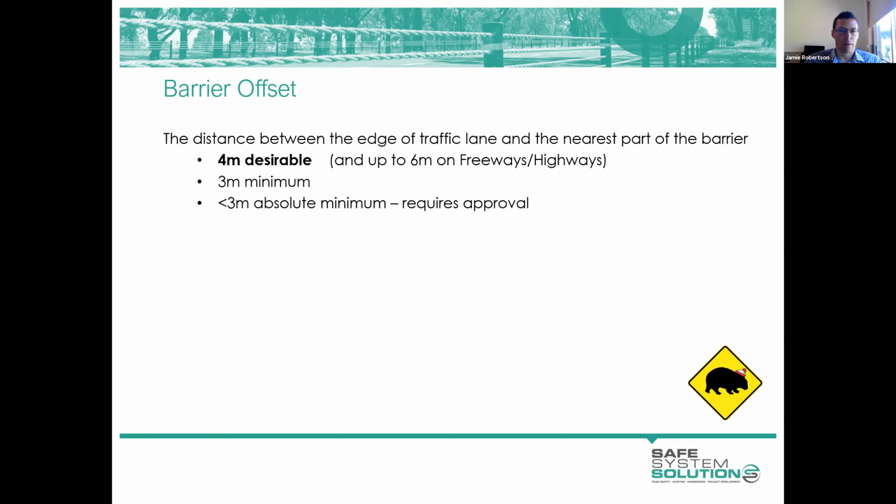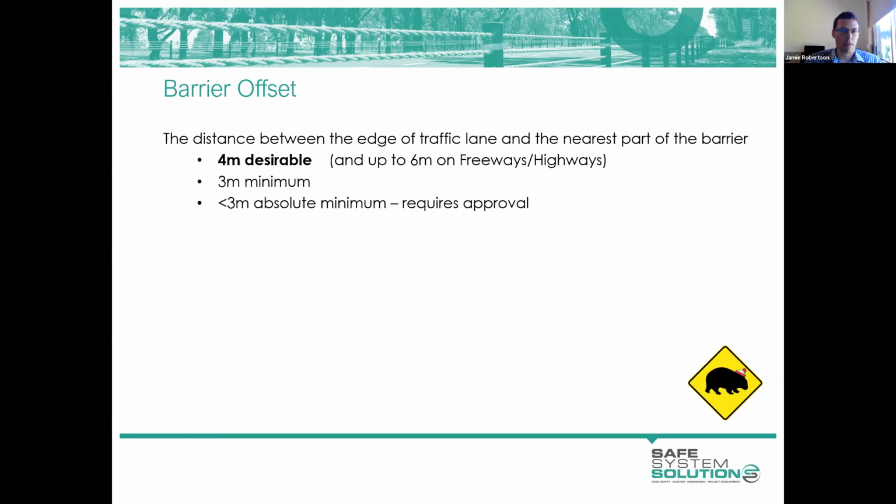The closer a barrier is to the edge of the road, the more prone it is to nuisance impacts. A lot of vehicles will depart the road by a small amount, the driver will wake up to what's going on, and they'll recover their vehicle and get back on the road. We don't want those people to unnecessarily strike barriers if we can avoid it.